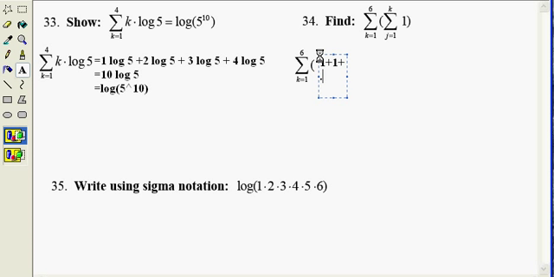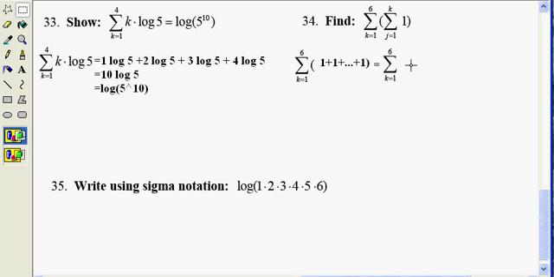How many 1s do I have? Well, I have k of them, exactly k of them. So, what that means is that this is equal to another sum, the sum of k. That inside piece is equal to exactly k, so I'm doing this summand.